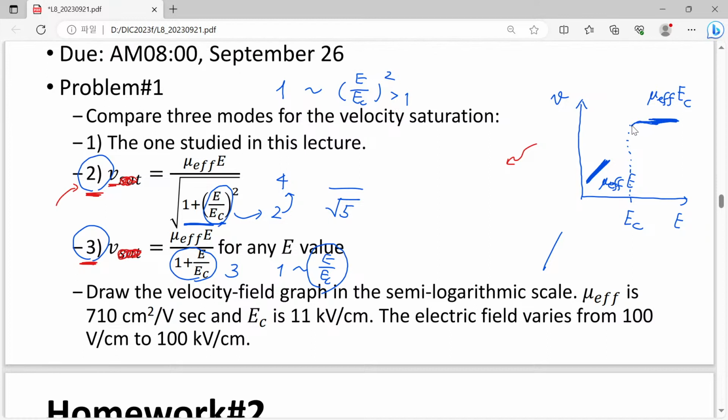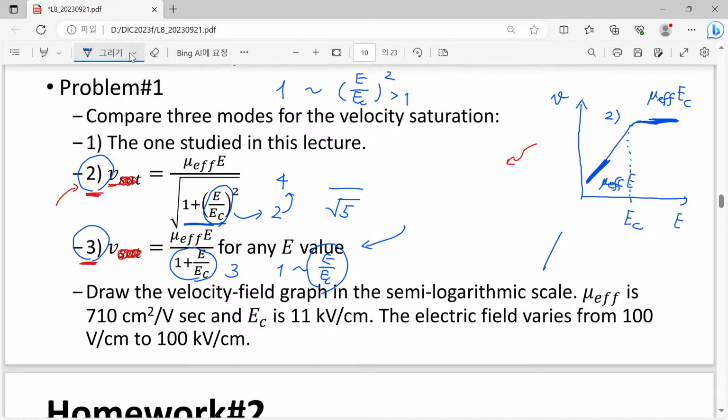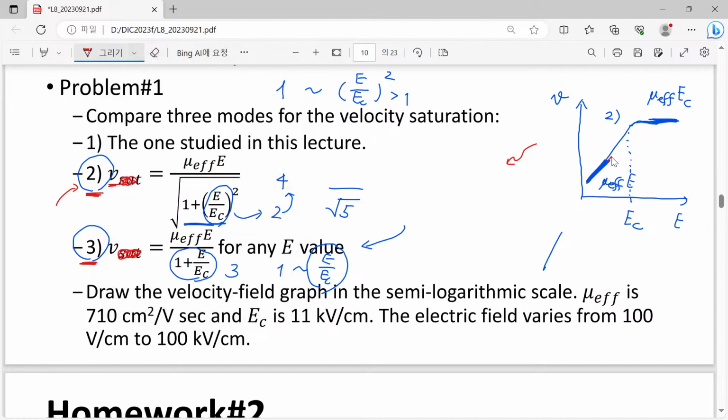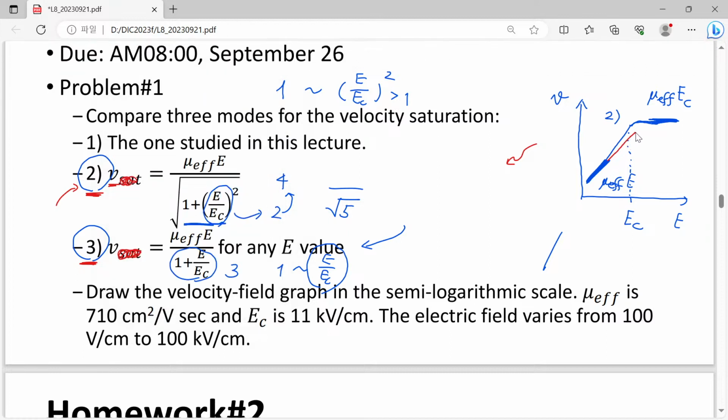If I just draw schematically, if this is the second model, then the third model shows much more moderate behavior, a moderate transition from one extreme to the other. So you can expect it will show a much slower or smoother transition between this and that.